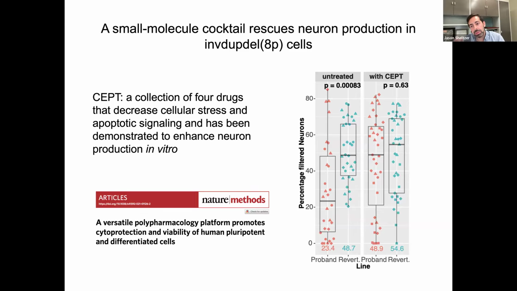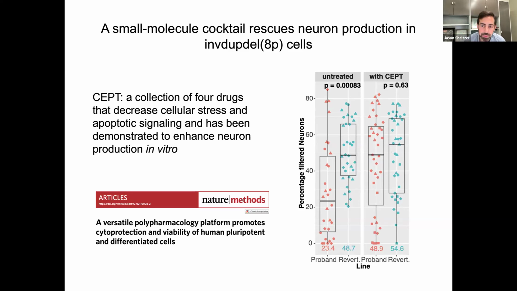However, when we do this neural differentiation protocol, when we treat cells with CEPT, which decreases cell stress and decreases apoptotic signaling, we significantly increase the production of neurons from these cells with the rearranged copy of chromosome 8p, and now there's no significant difference between these 2 cell populations.